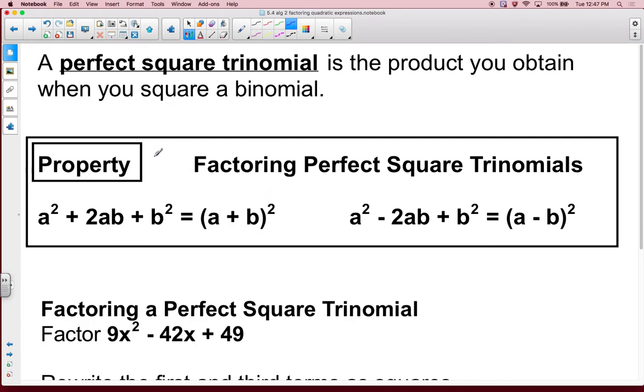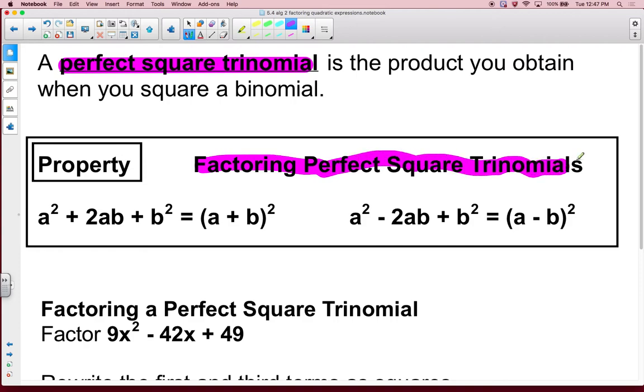Moving on here, let's take a look at perfect square trinomials. A perfect square trinomial will have two different forms, and it goes both ways. So factoring perfect square trinomials means that your first term and the last term are going to be something squared, or perfect squares.